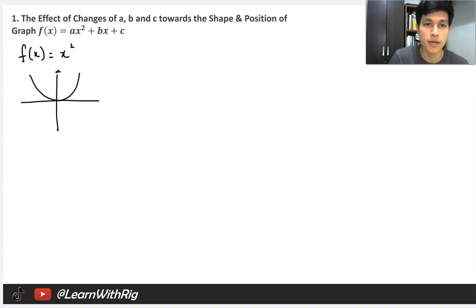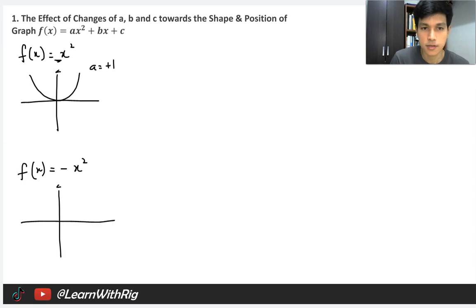Okay, this is the basic. Why? Because the a value here is positive 1. If it's a negative x squared, it looks like this. So this is the most basic quadratic function. So this is a equals to negative 1.